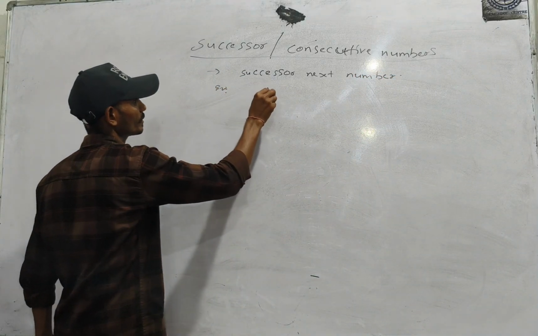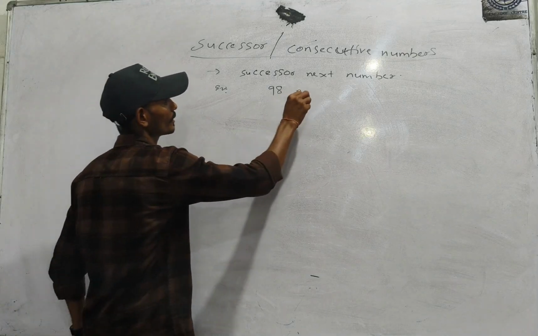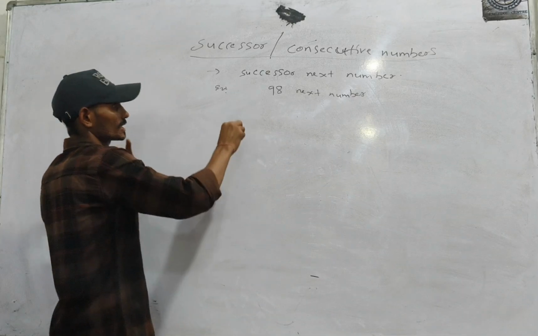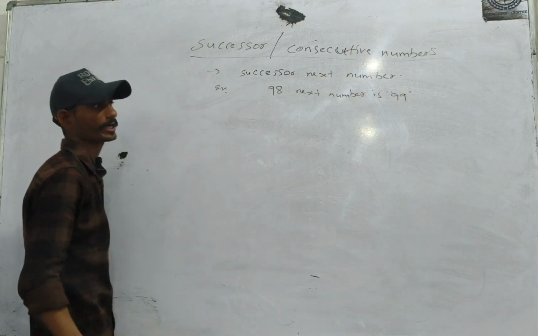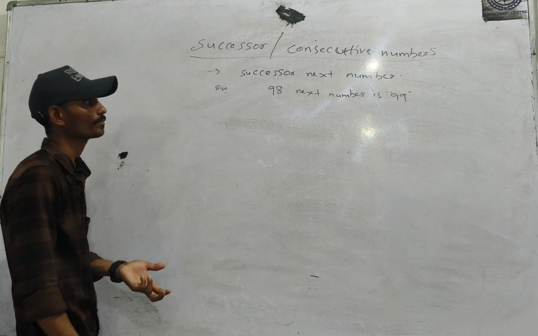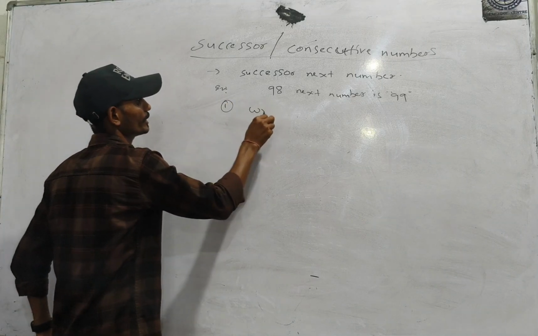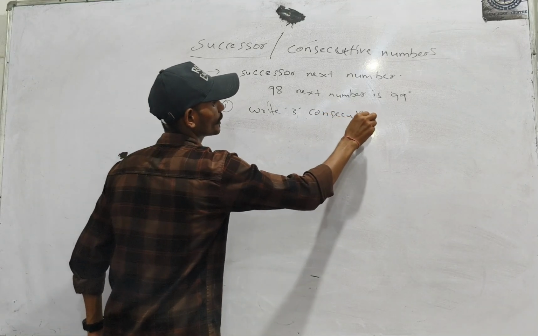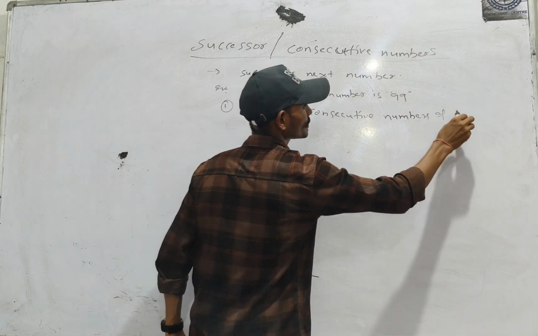Example: write the successor number of 98. The next number is its successor, so the answer is 99. Okay? Question: write the three consecutive numbers of 7.